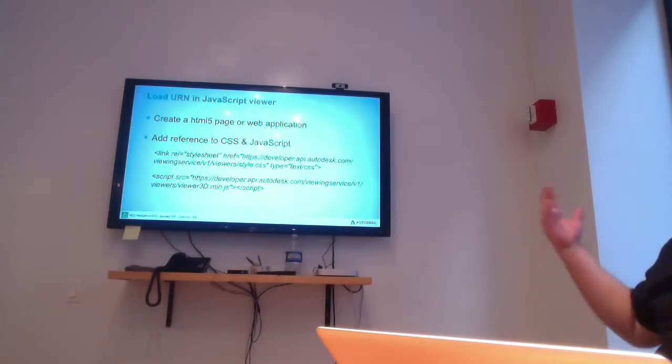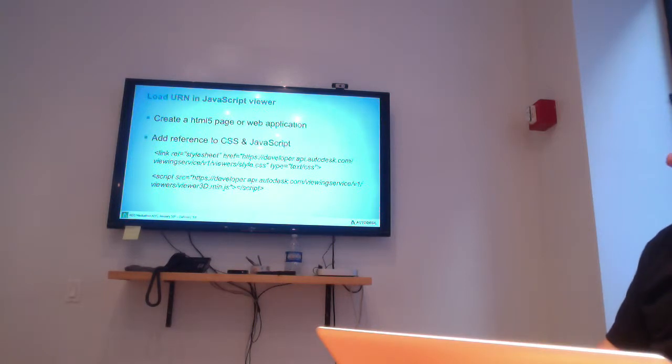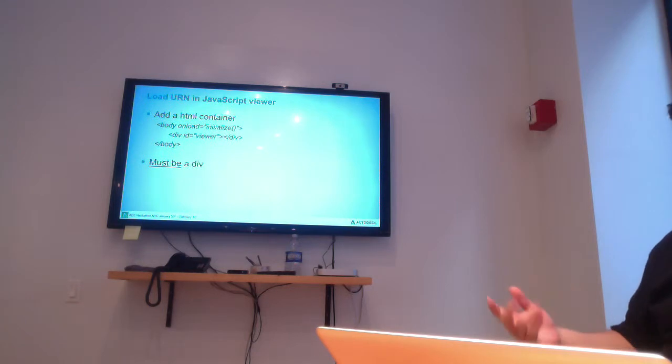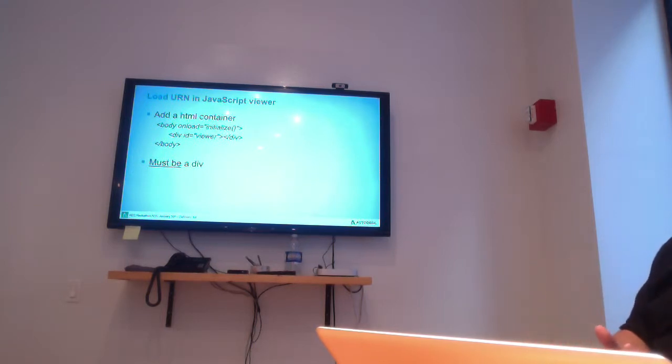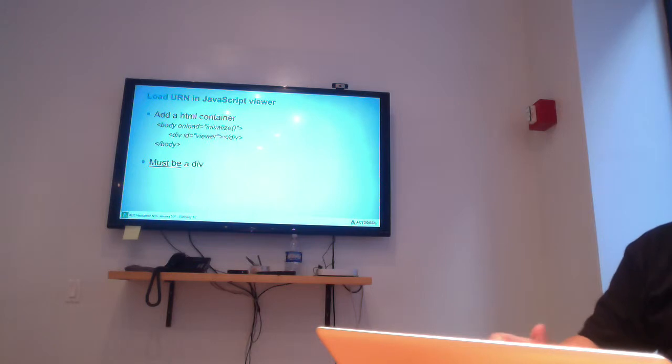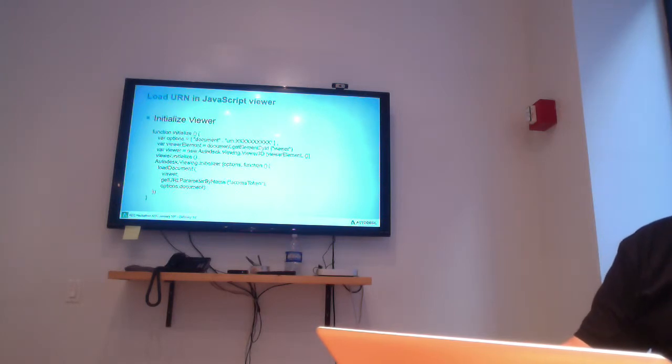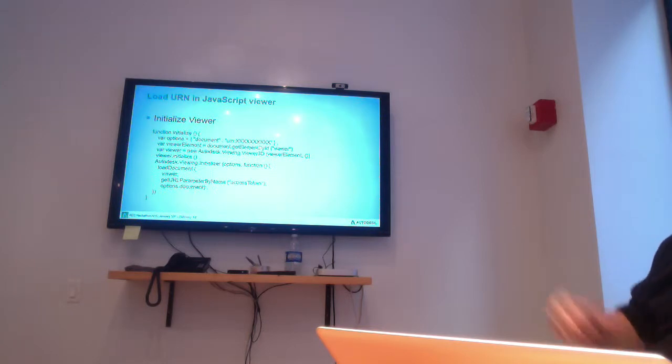So like I said before, the load of the URL in the JavaScript viewer. You create an HTML5 page, you add these references to it, and then after that you have access directly to the server using, again, like I said, the authentication consumer key and the secret key and all that. So you add this to your container. I know that WebGL has to be a canvas, but in this case we're gonna use a div. And then the initialization of the viewer, again, a simple string.